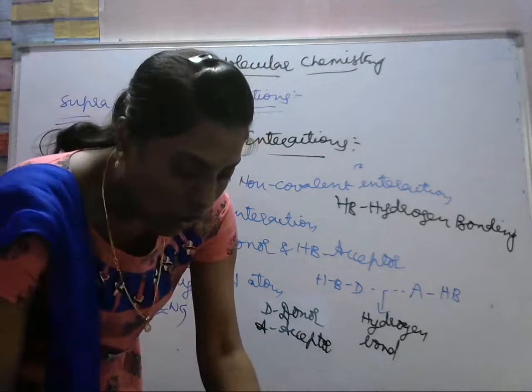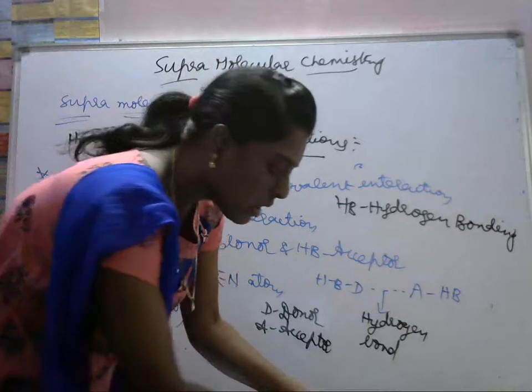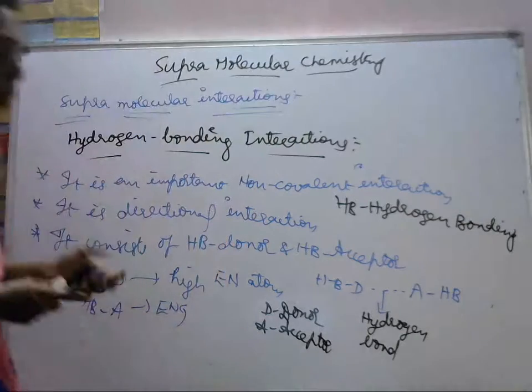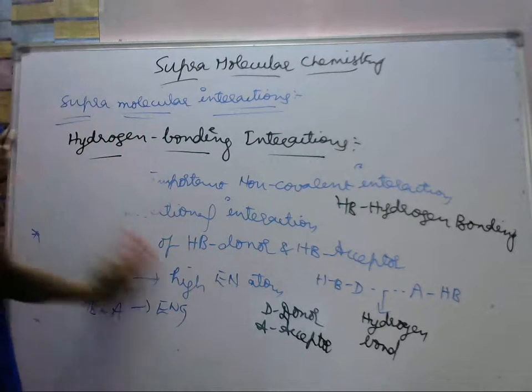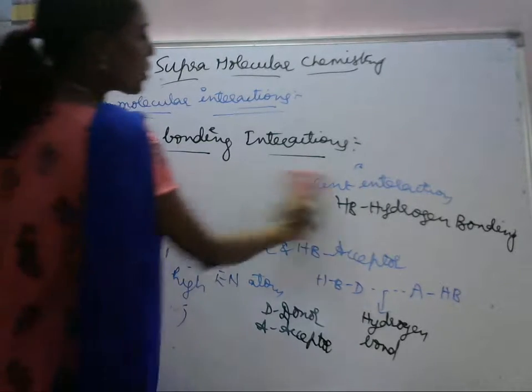Let's see how many types of interactions there are, with some examples. I will show you how it is present in molecules.